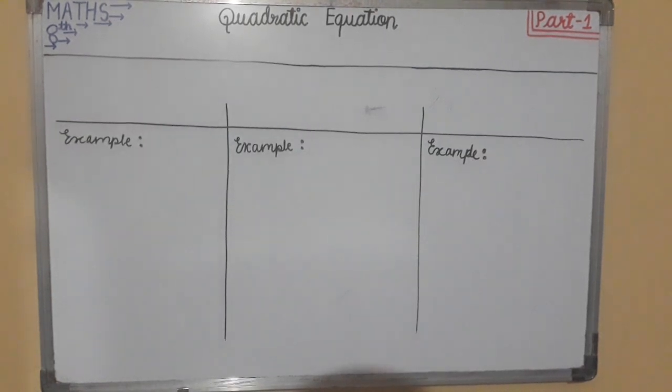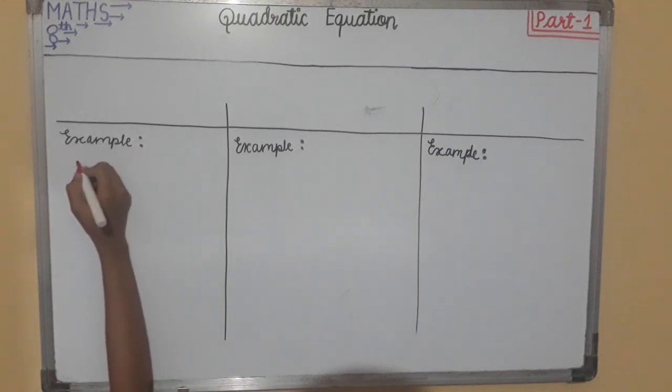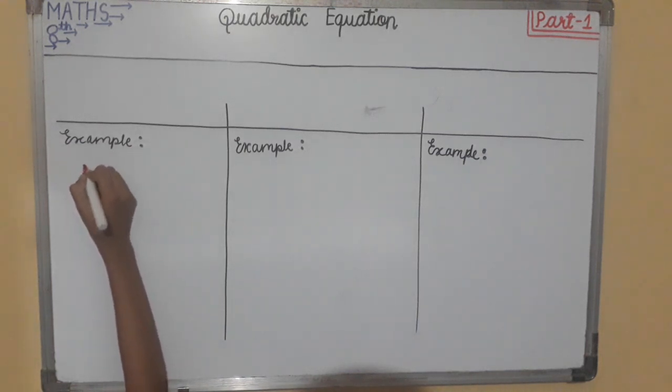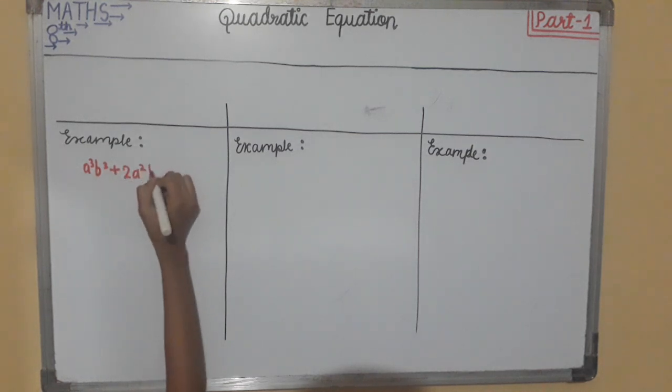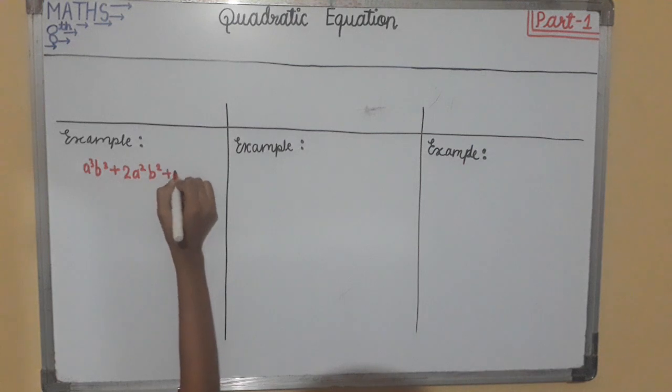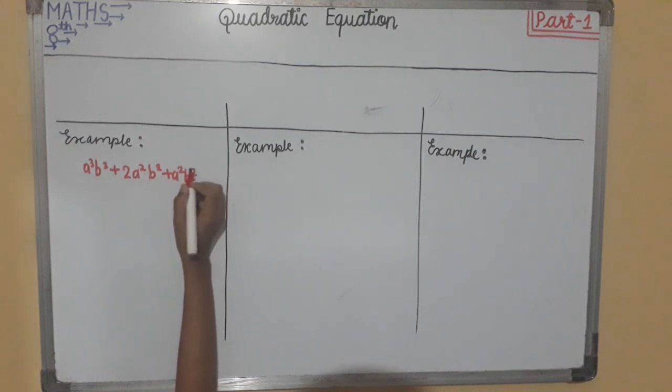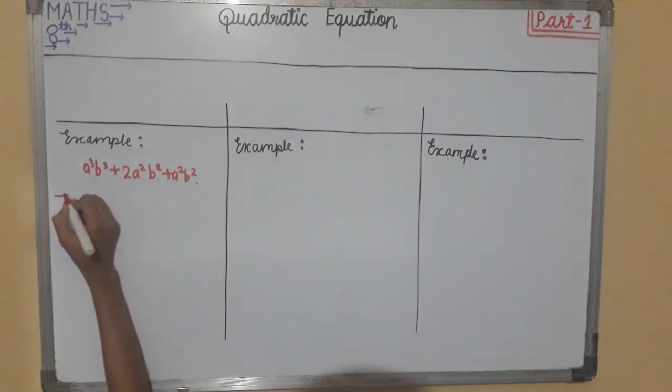The first question is of taking out the common factor. So the question is factorize a cube b cube plus 2a square b square plus a square b square. So like this we have to factorize this.